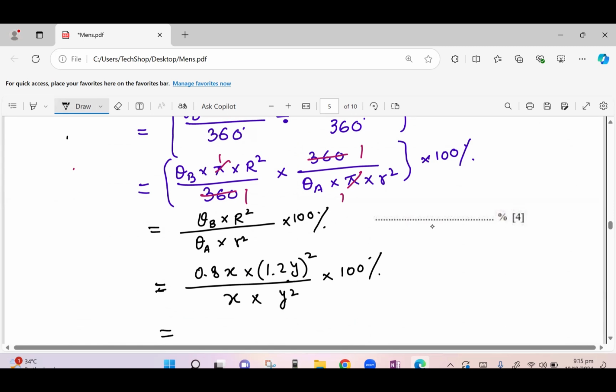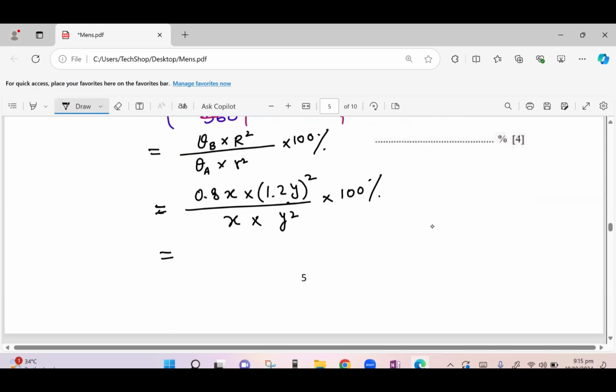Now we have 0.8x, and we can cancel this: x on the x. So we have 0.8 times 1.2 whole squared. This is paper 2, so you can use a calculator. 1.2 squared is 1.44.